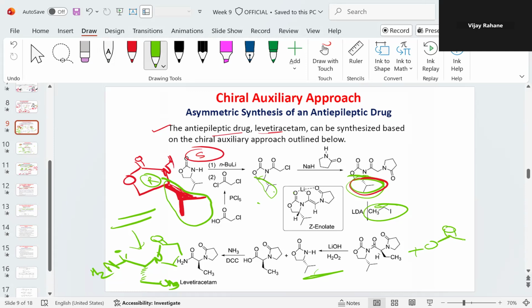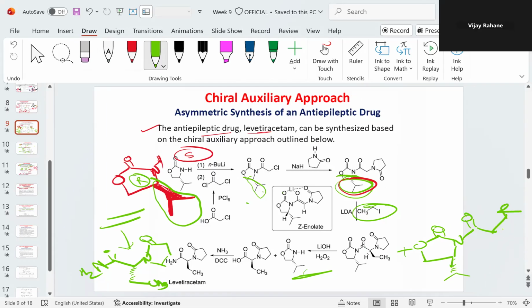However, the minor product will be like this, with CH3. This is the entire R group, the bulky group that I will not draw here.